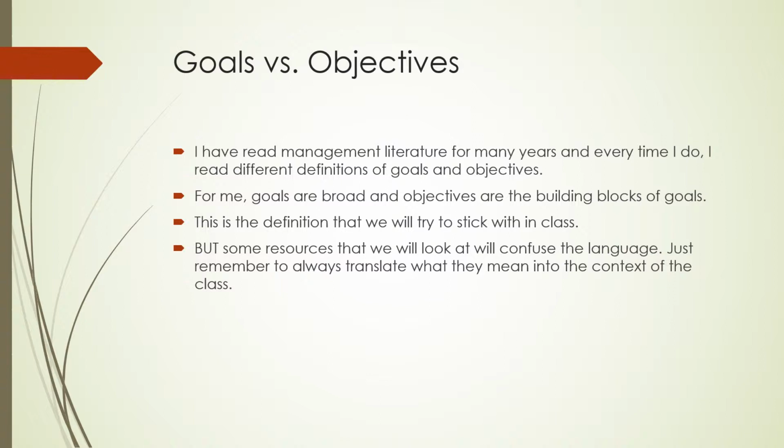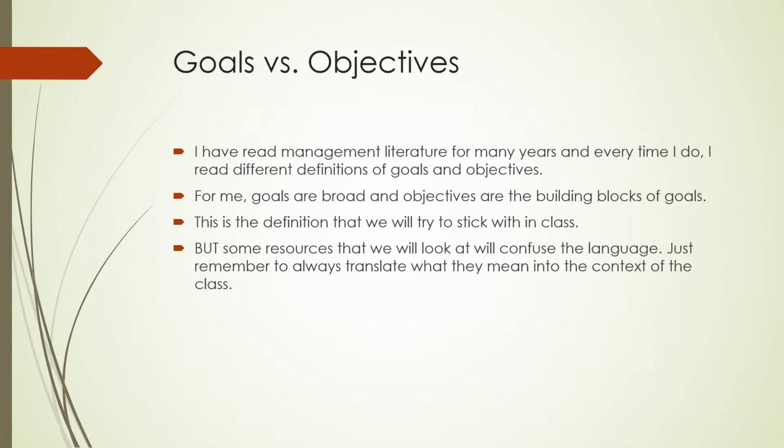In the literature on goal setting and creating objectives to reach those goals, the two words goals and objectives are rather confusing. I've been looking at management literature for years and looked at some stuff for this particular presentation, and once again I was confused.